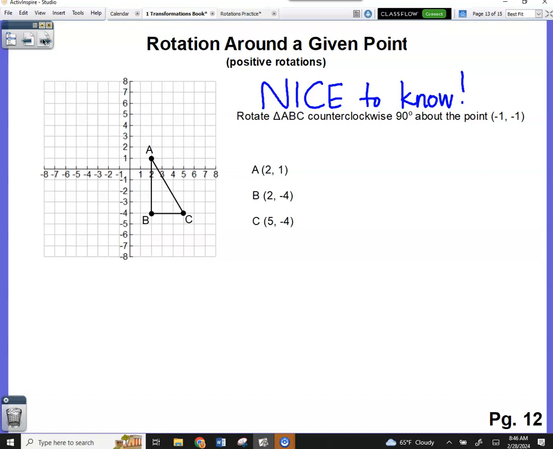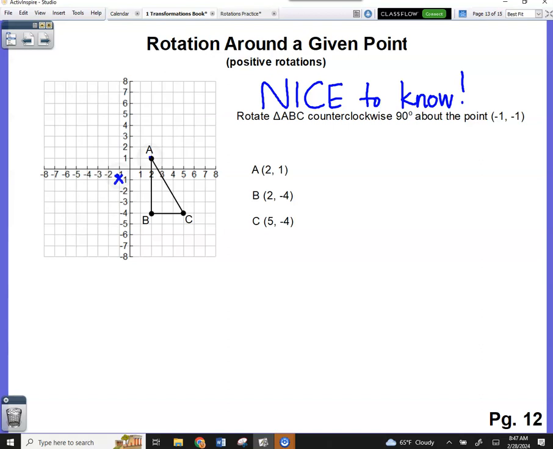But when you're rotating around a point that's not the origin, it's still the same process. The difference is you can't apply a formula because the random point that you're rotating around moves from problem to problem. So like this one is going around -1, -1. That's right here. You would imagine holding your thumb down on the center of rotation, and picking the A up and rotating.